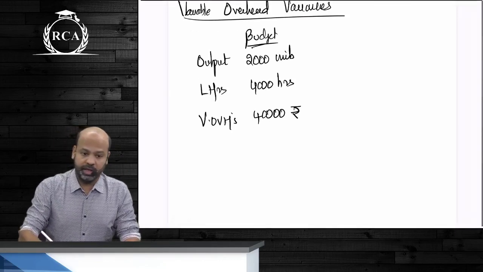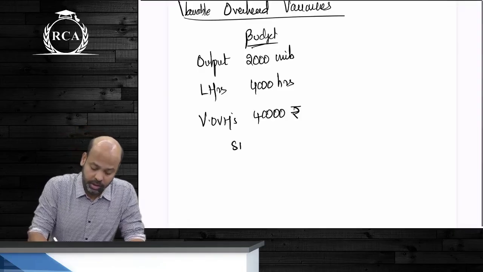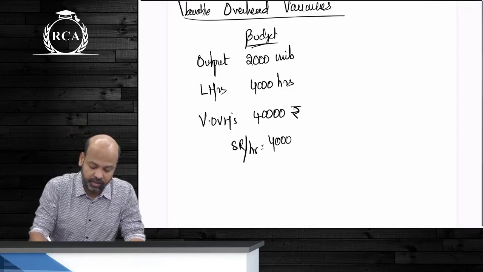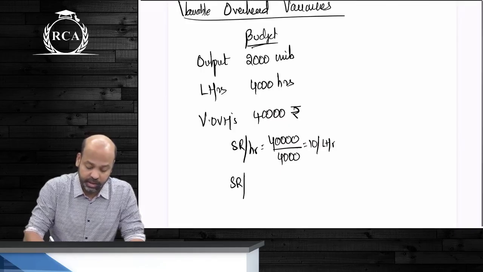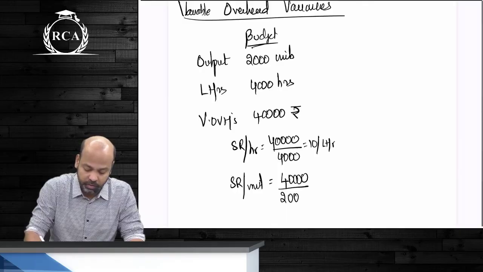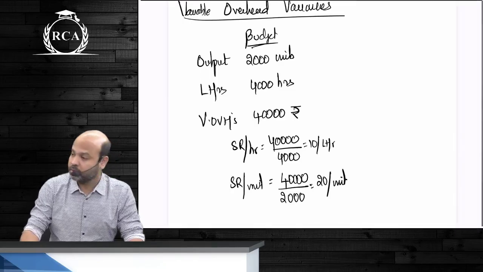If I take standard rate on an hour basis, it is 40,000 divided by 4,000 labor hours. How much will that be? 10 rupees per labor hour. If I take standard rate on a per unit basis, it will be 40,000 divided by 2000 units. That will be 20 rupees per unit.